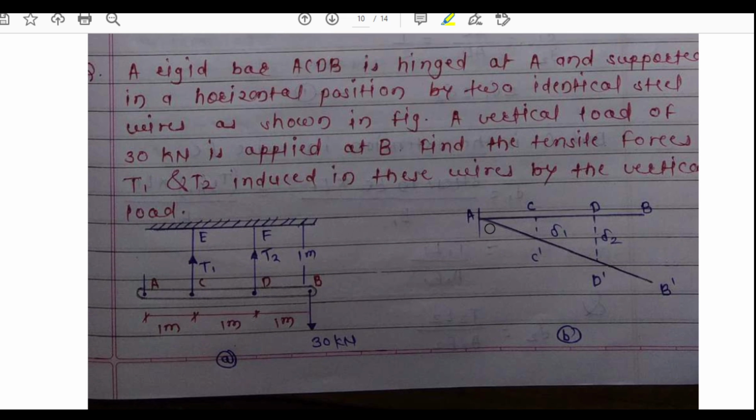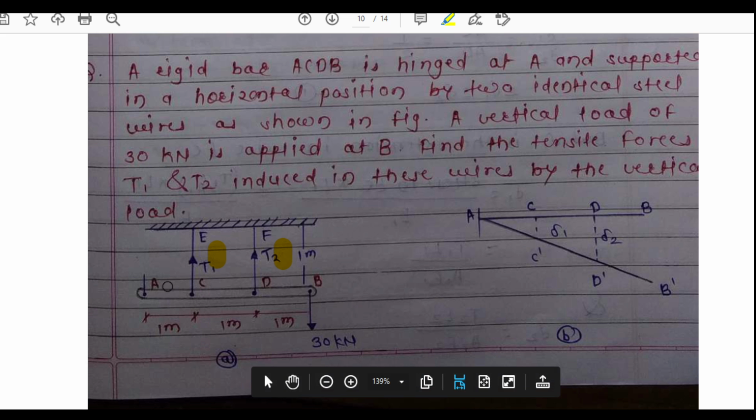Now the second example. A rigid bar ACDB is hinged at A and supported in a horizontal position by two identical steel wires, which are attached to the bar.